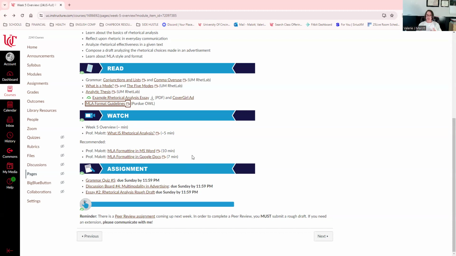What you need to do instead is to make sure that you download or save the document to your computer with a unique file name, and then you can save it as a Microsoft Word doc or docx file, or as a PDF file, and then you can upload that file into the Canvas system.